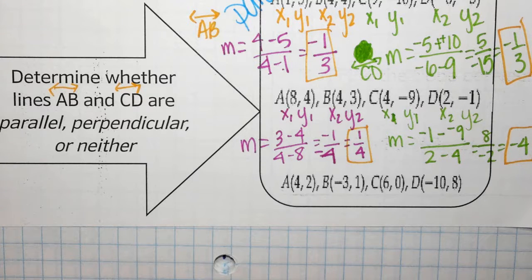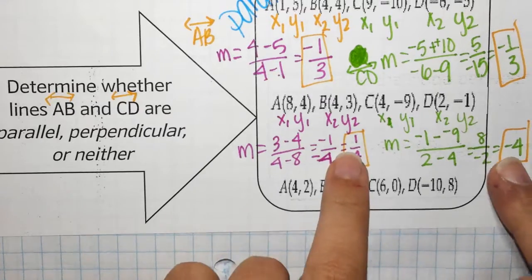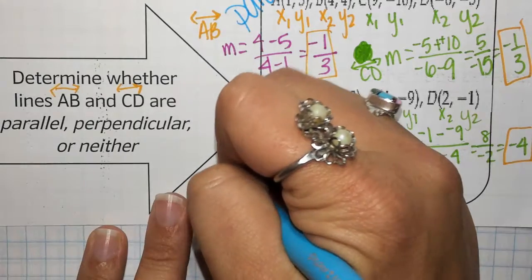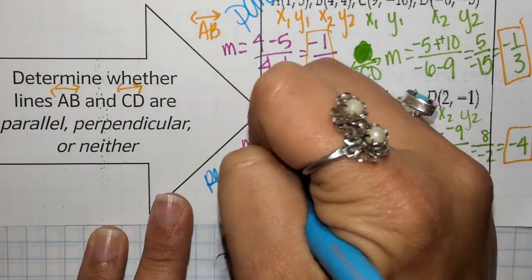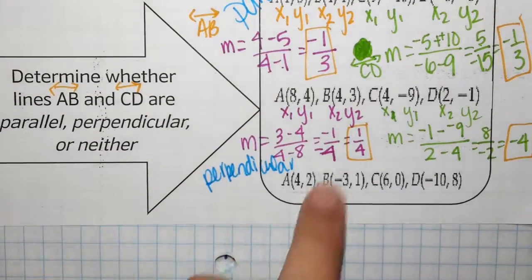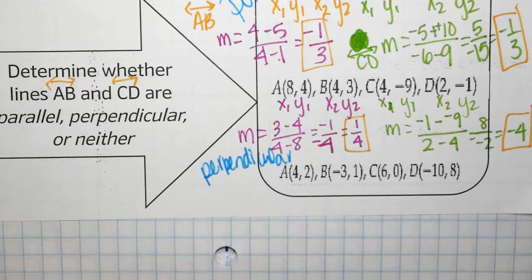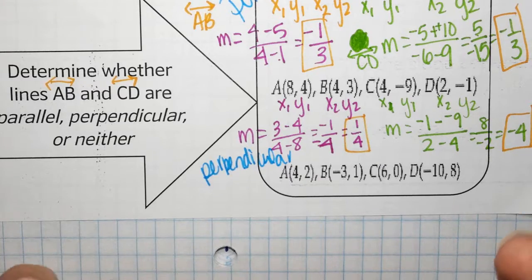Grace, are they parallel, perpendicular, or neither? Perpendicular. Fantastic, because they are opposite signs and we flipped it. Because you have opposite signs, and 1/4, if you flip it, you get 4 divided by 1, which is 4, right?